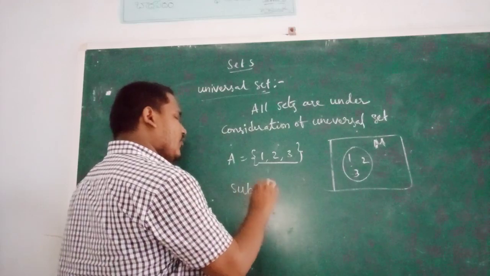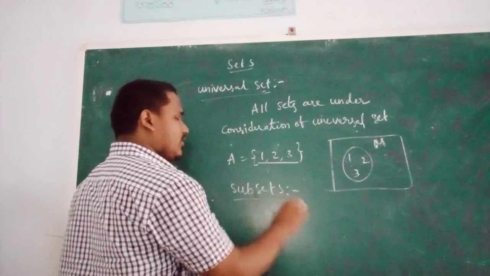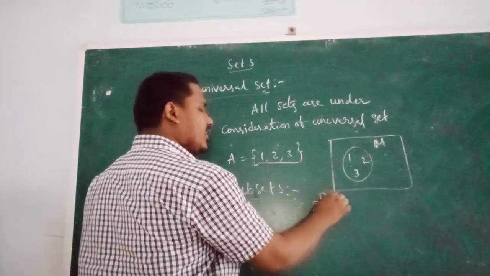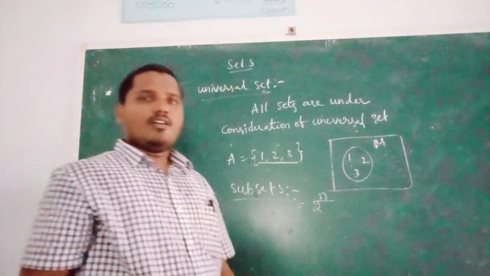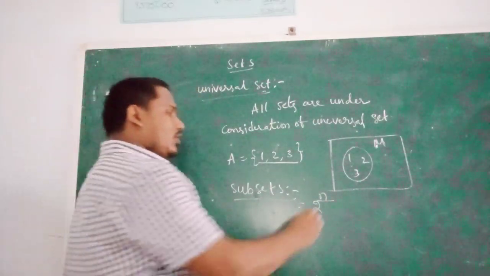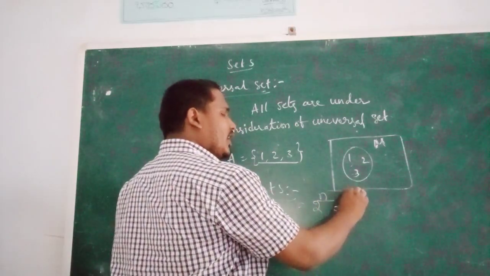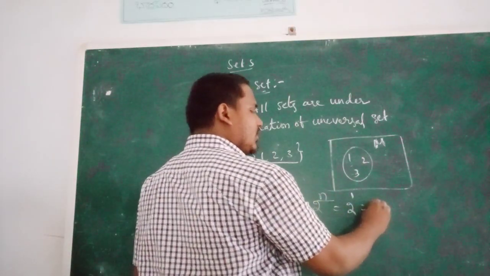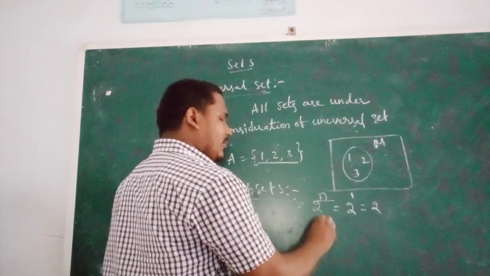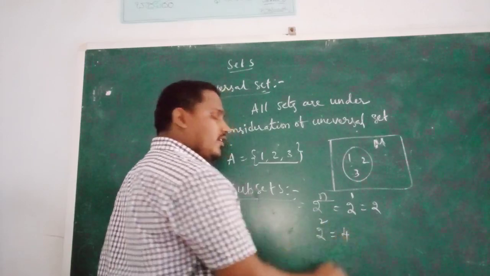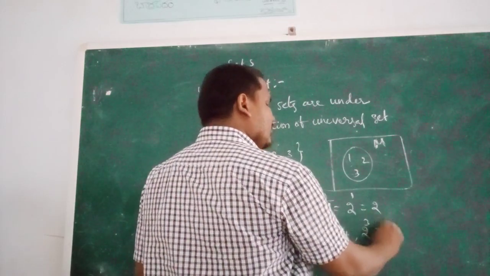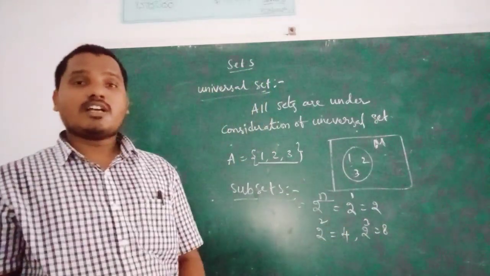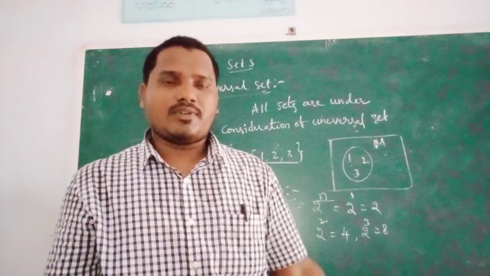Then the formula for the number of subsets is 2 to the power n, where n is the number of elements. If the number of elements is 1, there are 2 subsets. If the number of elements is 2, then 4 subsets. If the number of elements is 3, then subsets are 8, and so on.